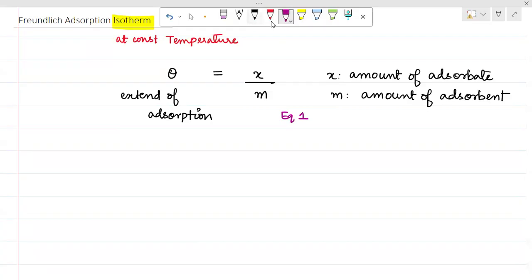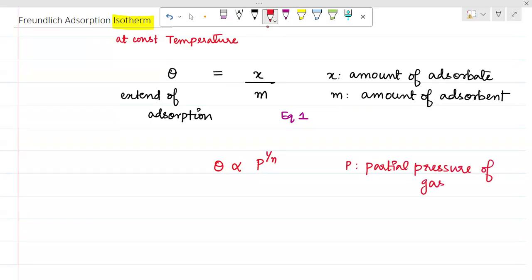Apart from that, there is another equation, which is theta is directly proportional to p to the power 1 by n. By now, we already know that the extent of adsorption increases with the pressure. And here P is the partial pressure of the gas.